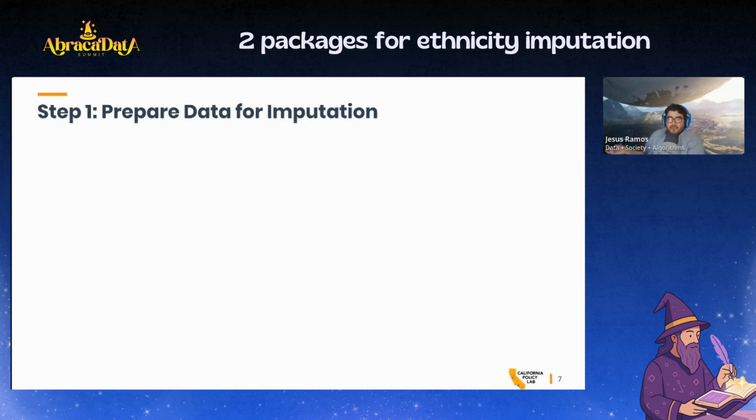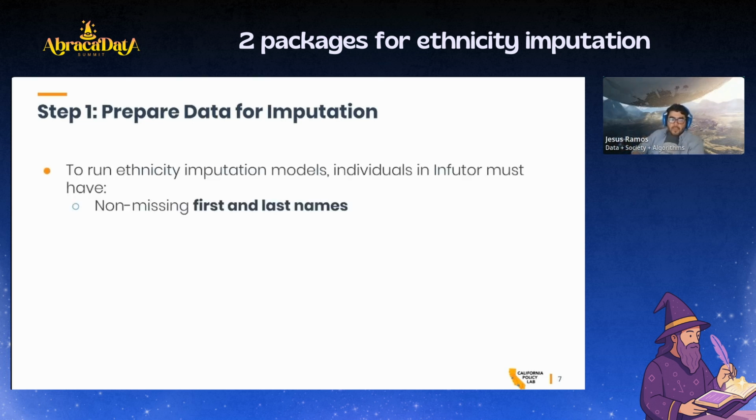Now, we went through some stages of data preparation. We took data from Imputer, but again, we needed to have first and last names. We needed to clean those names because some people reported their names as, for example, Dr. Victor Von Doom, right? So we needed to strip the doctor part.